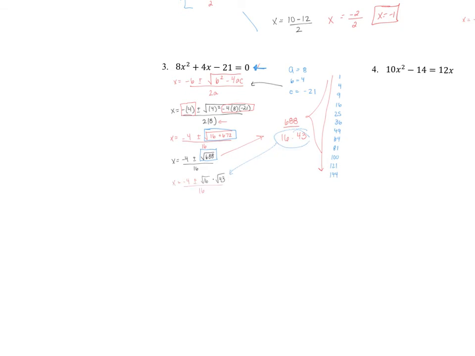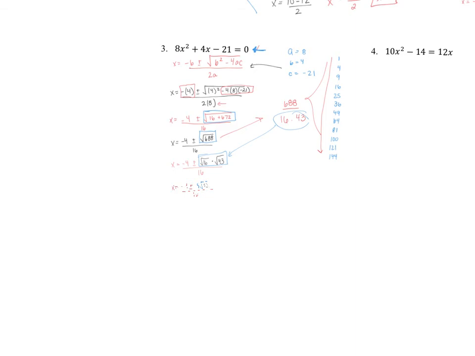Okay, so now we are getting this into its simplest root. So all of my red stays the same. Okay, and now I'm going to go ahead and simplify this part right here. The square root of 16 is 4. And then 43 is a prime number, so it cannot be simplified into anything else.